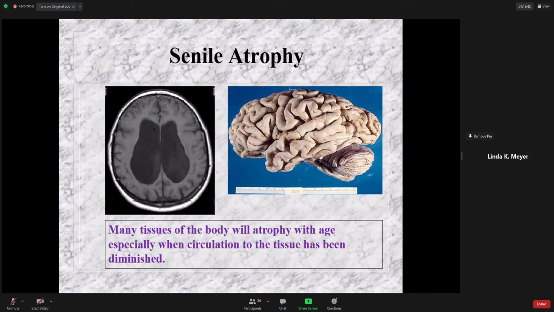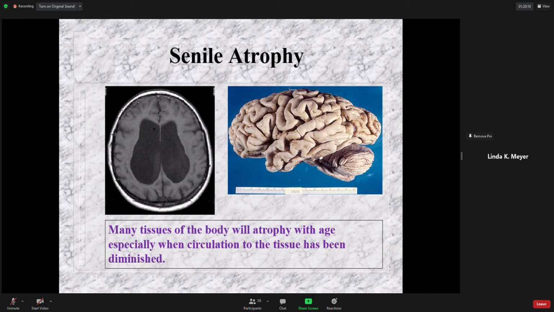Okay, senile atrophy is just as one ages, there are many different tissues that do atrophy. And part of it may be due to when the circulation is diminished with age, the tissues aren't being as oxygenated. And the overall host resistance is diminished to some degree.